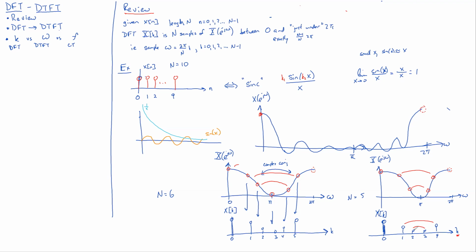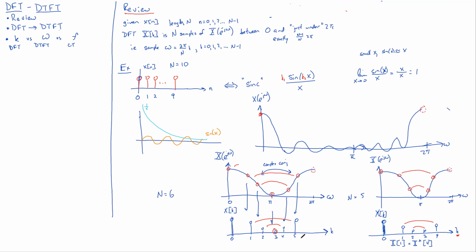But instead, we have these groups at 2 and 3, which will be complex conjugates, and 1 and 4, which will be complex conjugates. So if I was to write that in math, I would say x of 1 is the same thing as the complex conjugate of x of 4. And when n is even, we do sample the highest frequency. These will be complex conjugates. These will be complex conjugates.